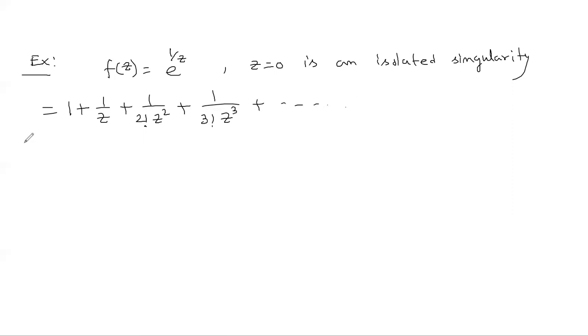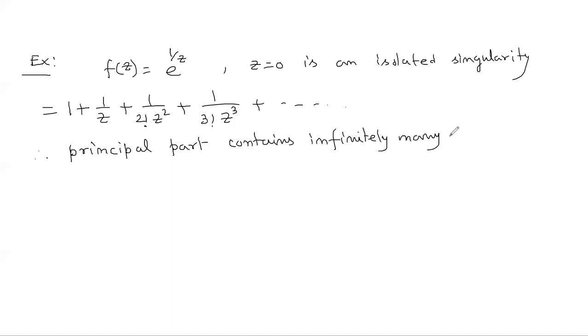So here we can see only negative powers are present, and there are infinitely many terms present. So the principal part contains infinitely many terms. So we can conclude z equal to 0 is an essential singularity.